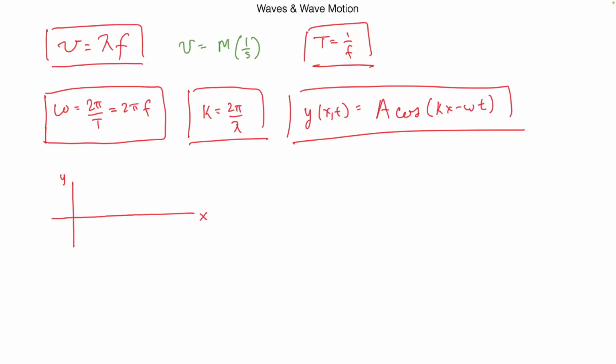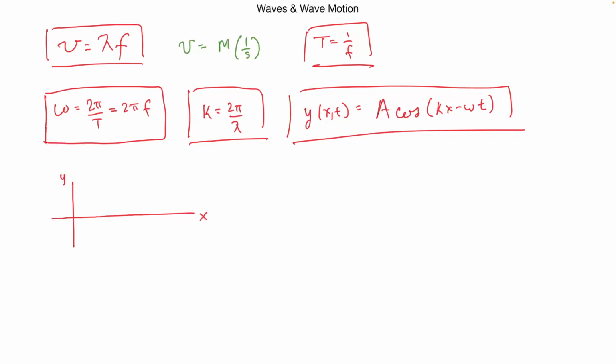And why are we using k and omega? It's just shorter and faster to work in units of k. What are the units of k? What's lambda? Meters. So it's an inverse meter. Which is weird, but it works really fast.